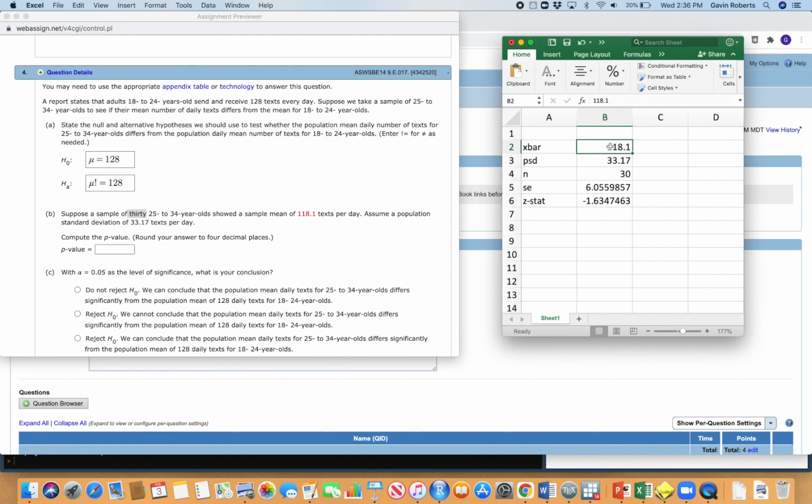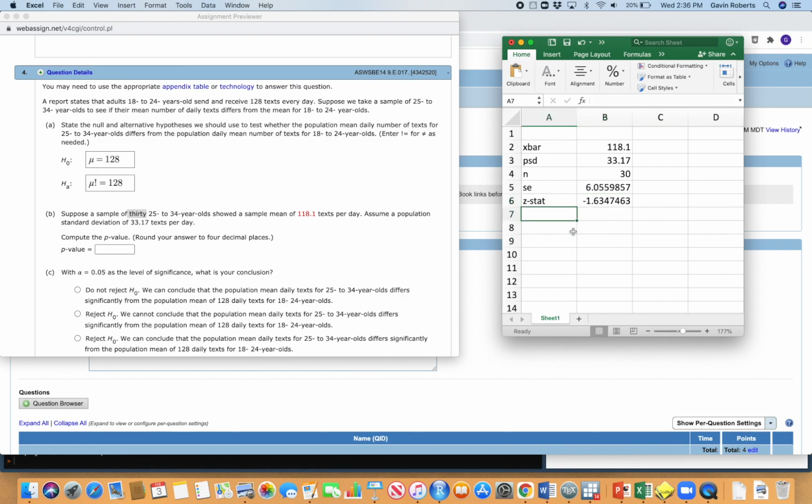We just converted the distribution centered at 128, this number coming from that distribution, to an equivalent value in terms of standard errors, which we call z statistics or t statistics. So now we have a standard: the number of standard errors we landed away. This is 1.63 standard errors below 128.